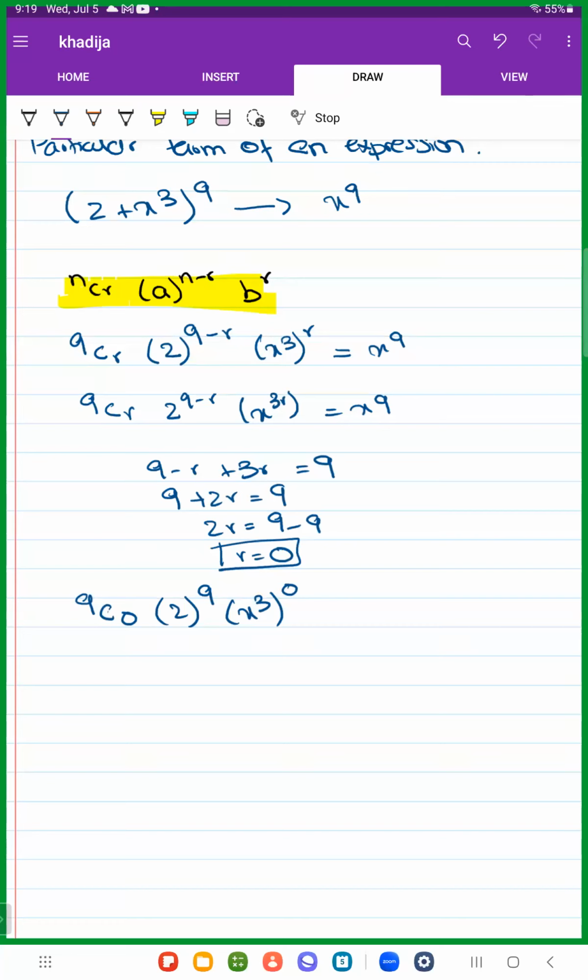So it'll be 512. Yes, it's 512, but wait. Let's do another example. This question is not working.